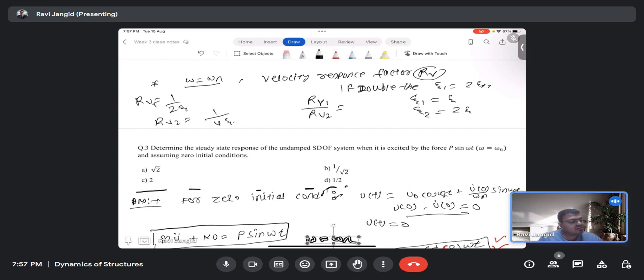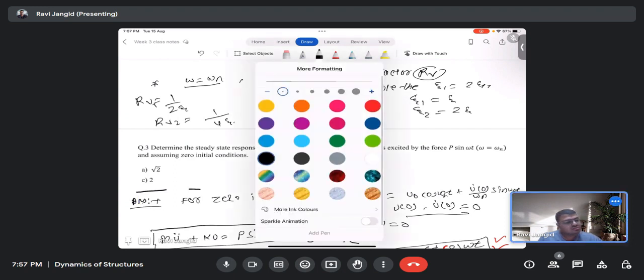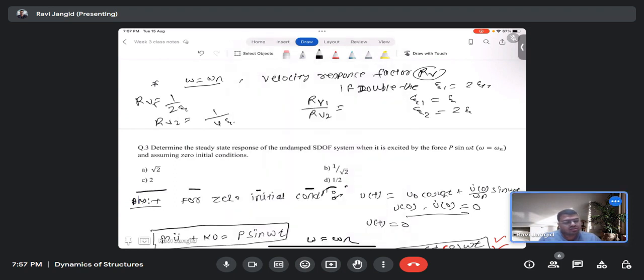Rv1 by Rv2 is 2, so I can write Rv2 is equal to 2 into Rv1. So option D is correct. No, that is 0.5.